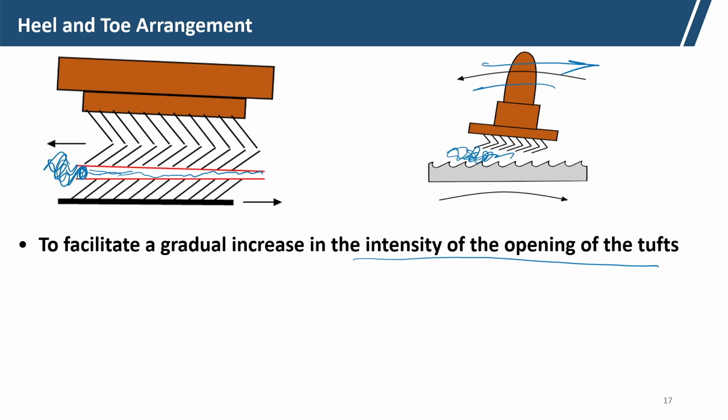Otherwise, if it is just the opposite, a toe and heel arrangement, then suddenly the fibers will come to the closer setting, and that will break the fiber. The fiber will get damaged. Instead of opening, unnecessary breakage of fiber will be there.